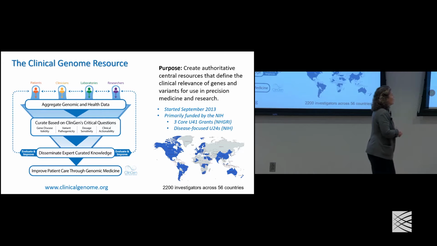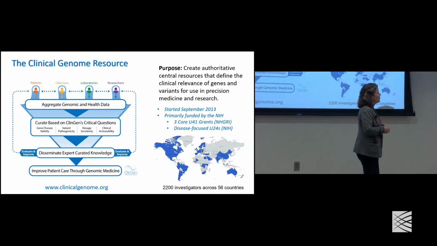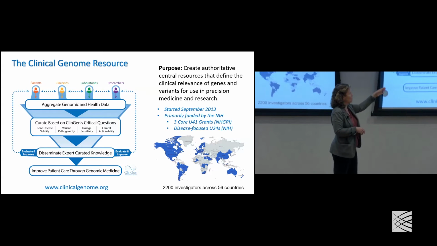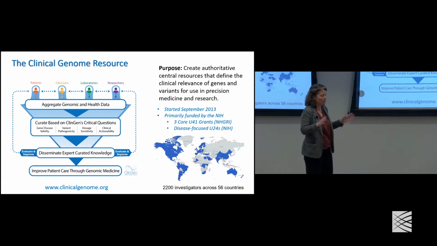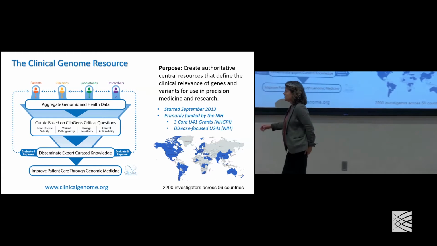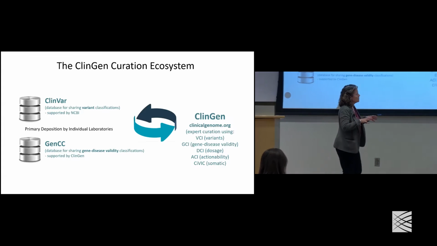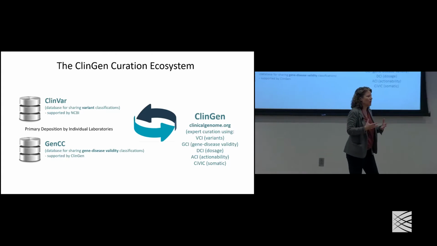There's over 2,000 people involved in all of this work around the world, and it's largely funded through 3 core grants, as well as now over 20 different disease-focused grants from different NIH institutes. Okay, and some of the resources and the way we distribute the curated knowledge.